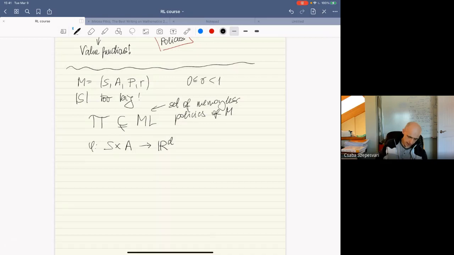And the associated set of policies could be many things.